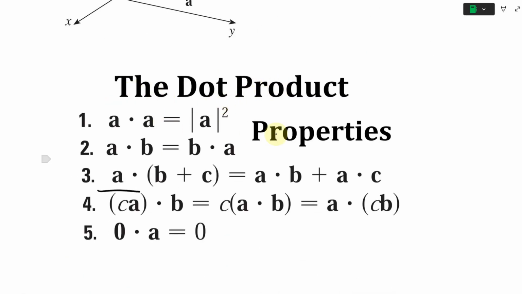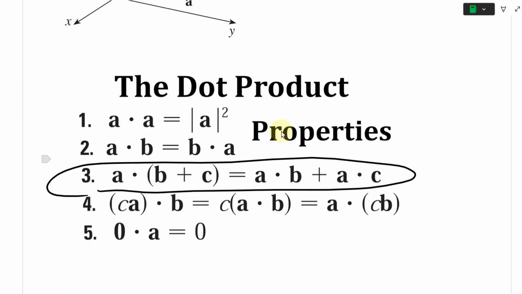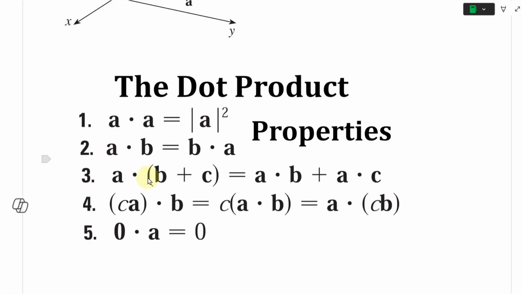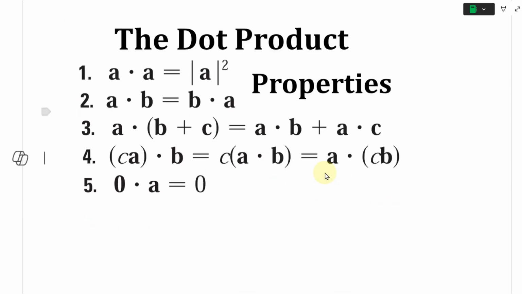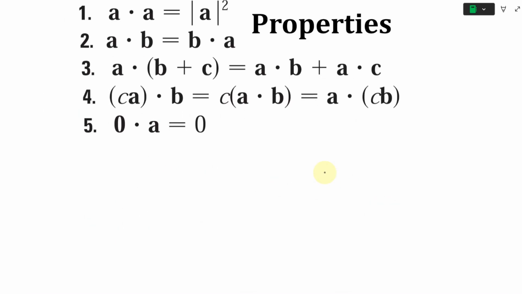Namely, we're going to use this one here. You can basically expand it out: the dot product of a with b plus c, the vectors, you can expand it like that. So what we have is v dot with a. In our case, remember, v is just the speed times the unit tangent vector.